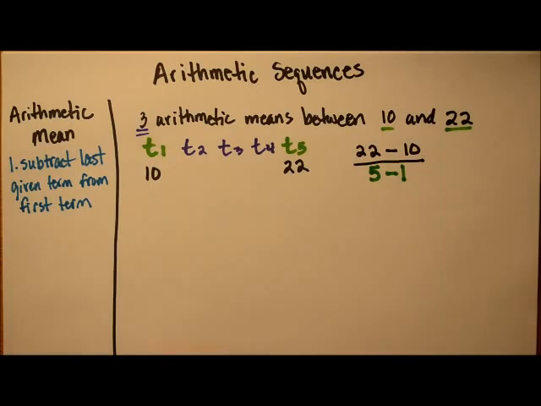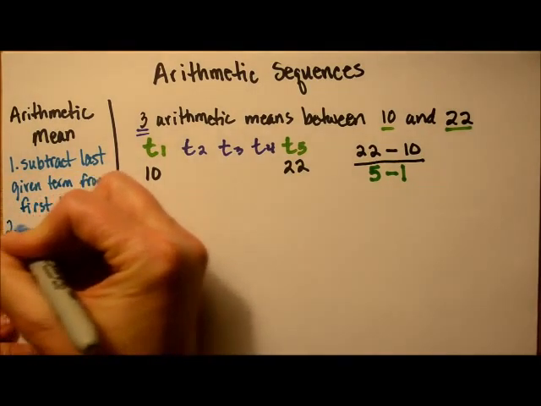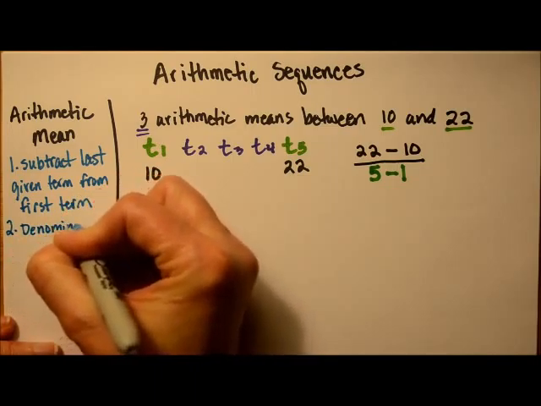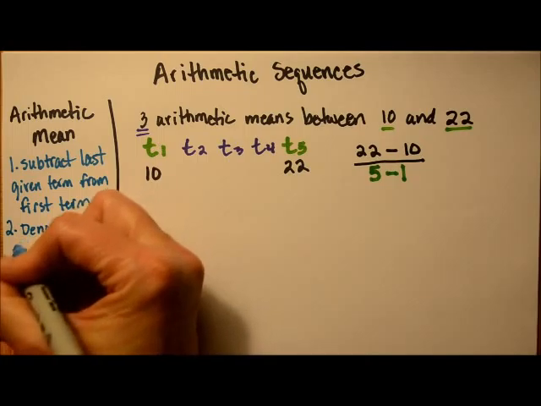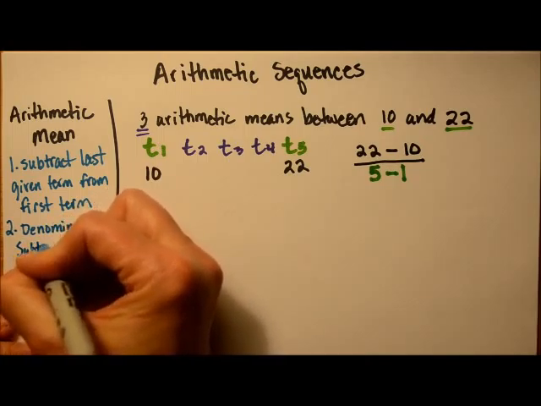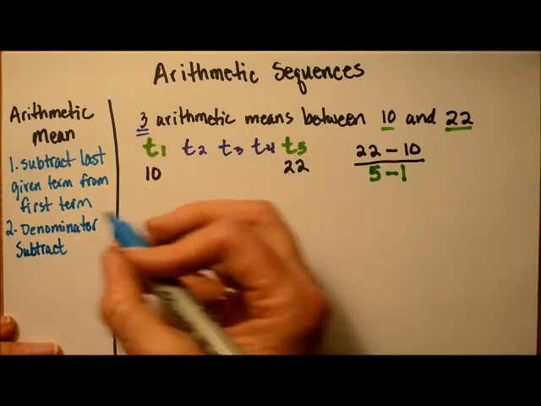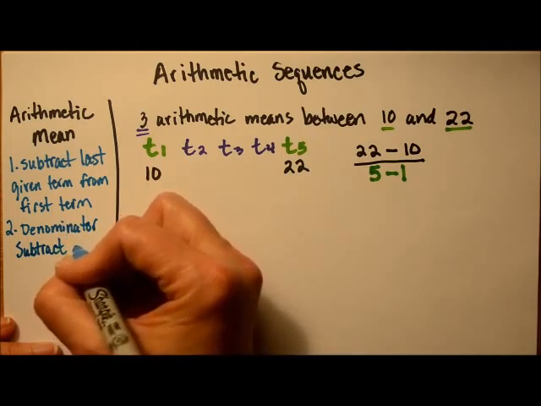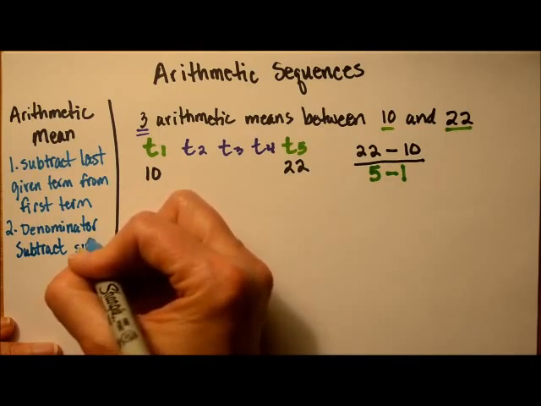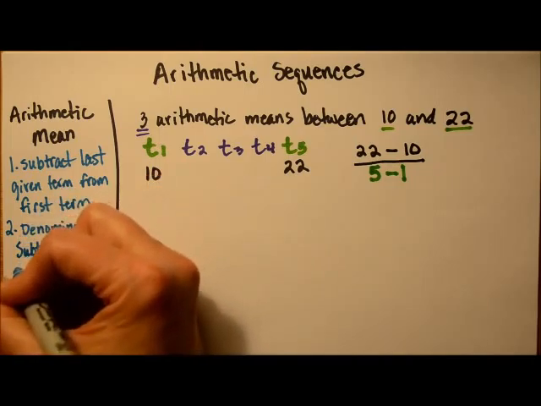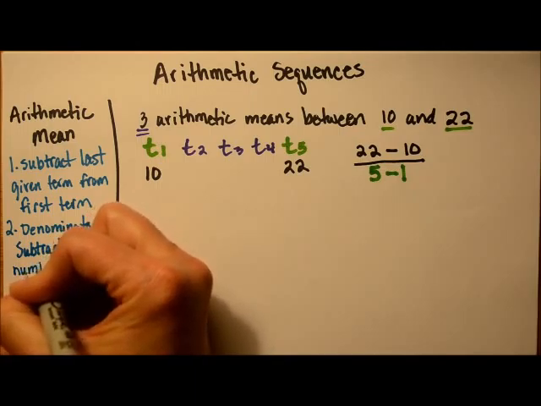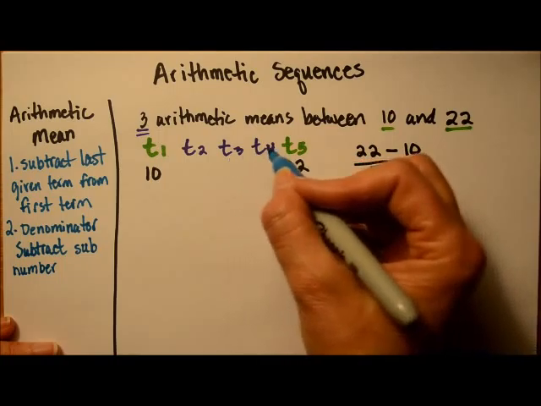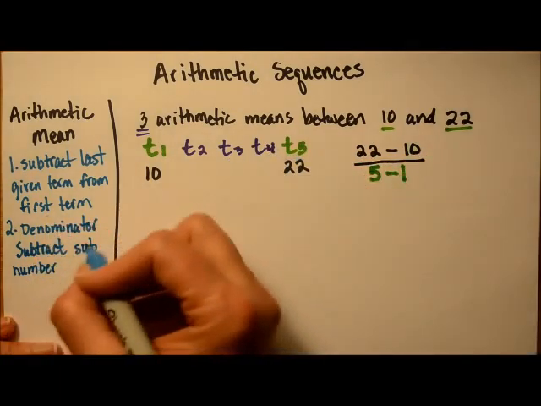So the second thing is the denominator: subtract the sub numbers, the sub number being that subscript, t sub 1, t sub 2, t sub 3, t sub 4, t sub 5.